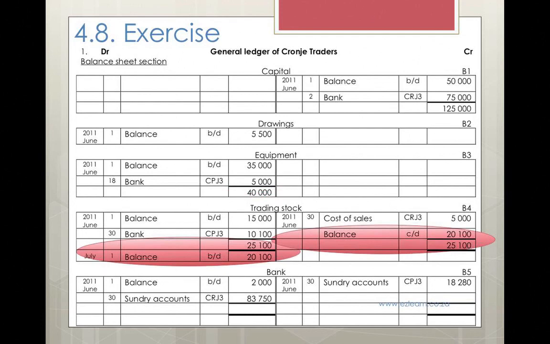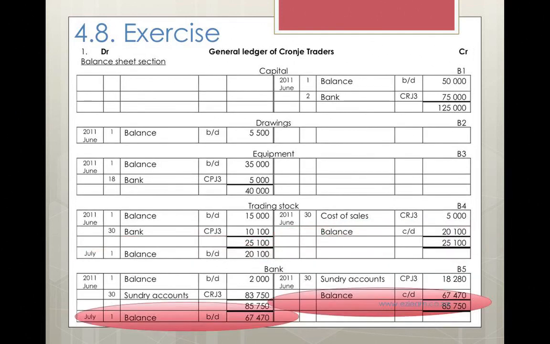You can then fill in the missing balance carried down of 20,100 by looking at the difference between the total and the amount of 5,000 on the credit side. Once you've entered it there as the missing figure, you will then bring it down on the debit side on July the 1st as a balance brought down of 20,100. You are then able to start the next month with this amount as representing what stock you actually have on hand that you can sell.